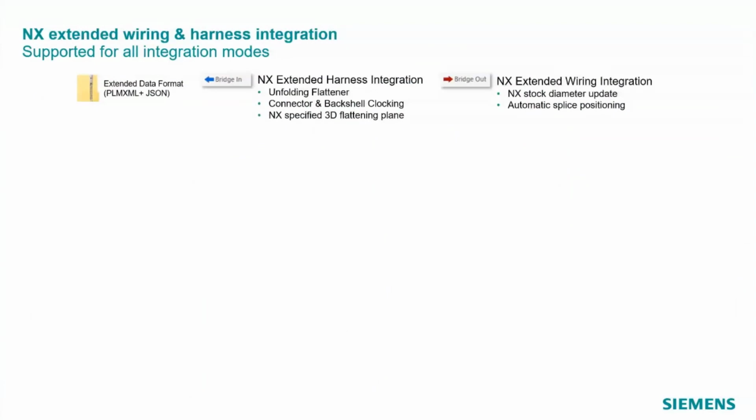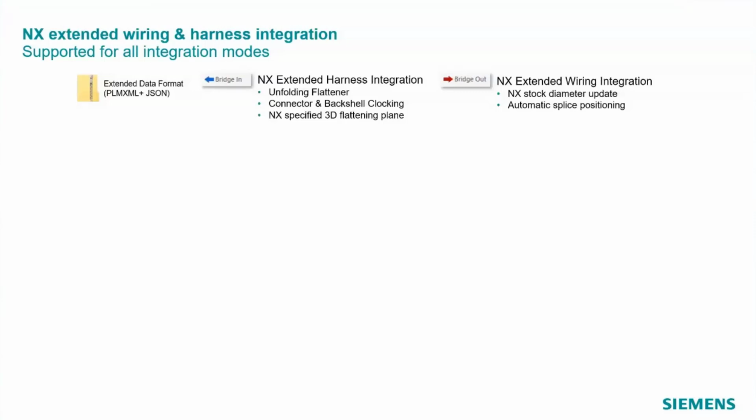The extended wiring and harness data integration is supported between Capital and NX now, enabling world-class integration compared to integration with non-Siemens MCAD tools. This extended integration enables CAD zip file exchange, the format being PLM XML and a JSON file contained in a zip.